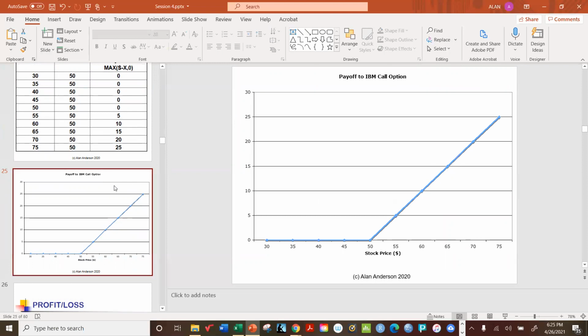So here's where the call option is at the money. Once you get past that point, the option is in the money. And then down here, we're out of the money.